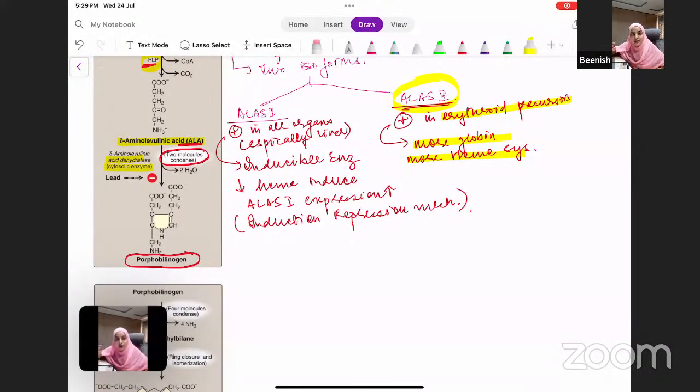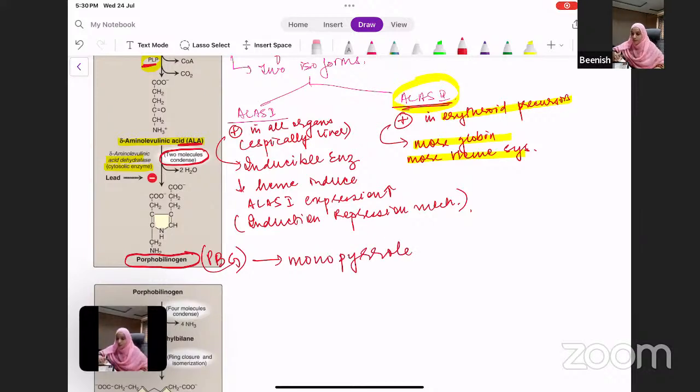So the ALA that is formed in the mitochondria enters the cytosol, where it is acted upon by the enzyme dehydratase. Two molecules of ALA condense to form porphobilinogen. PBG is the short form of porphobilinogen, and this is a monopyrrole.